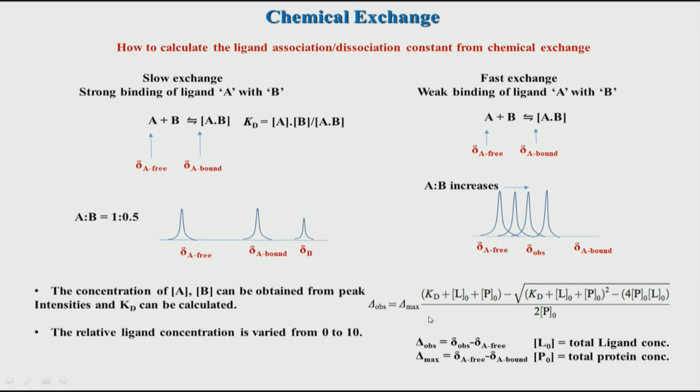But your knowns are this value at any given time, and this is the max which you get after adding a large amount of B. And this is nothing but the total ligand concentration, which you know because you know how much A you have added, and the total protein, you know because that is how much B you have added. So, based on these two numbers you can calculate the Kd value.